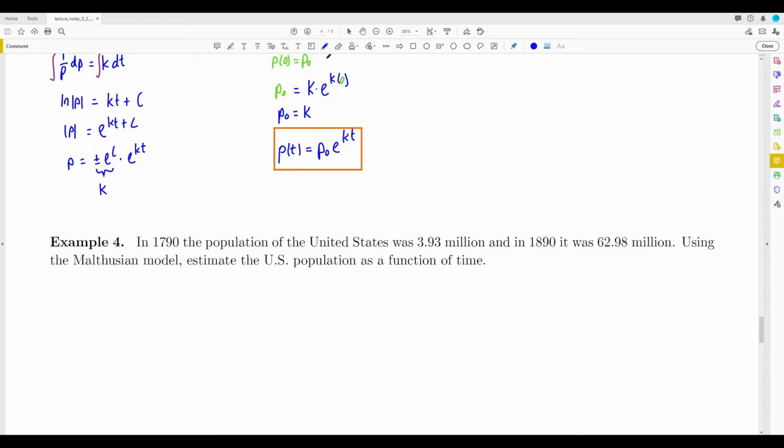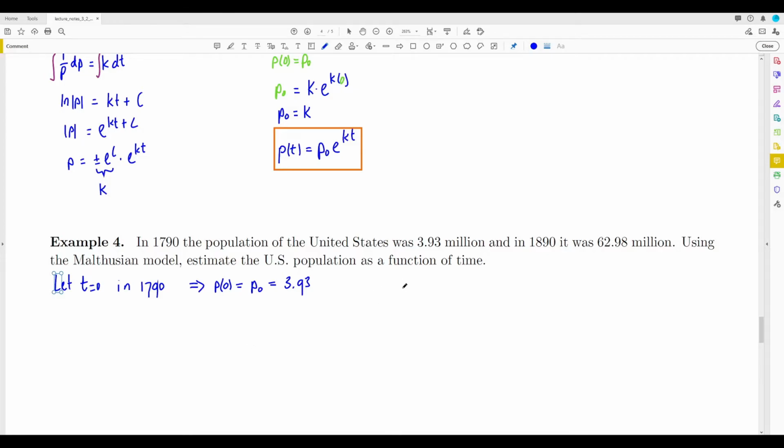So, what I want to do here is let t equals 0 in 1790. And what that means is that P at 0, the population at time 0, is the population in 1790. And so that's my P naught, and that's going to be 3.93.